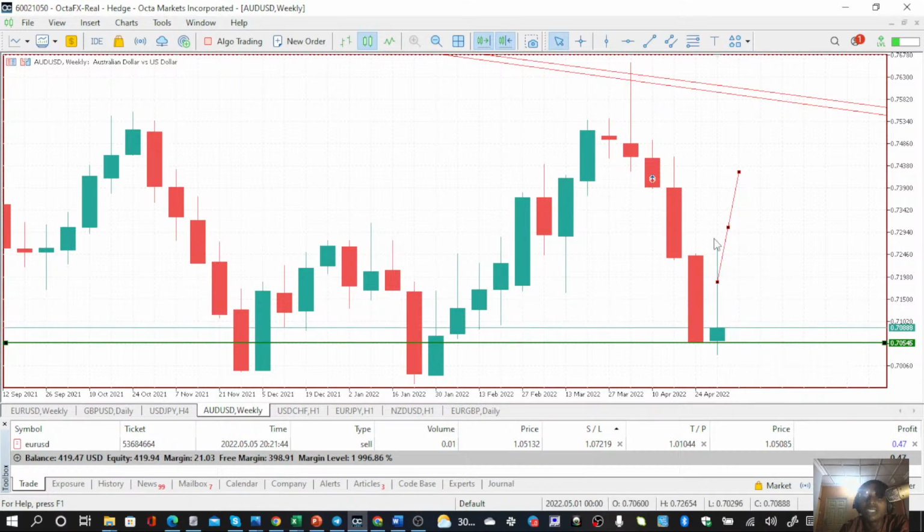This wick, this line, looks like the neck of this head, this candle here. It only shows that there is sell pressure, because it is only when the market is pressured downward that you'll have a wick like this.